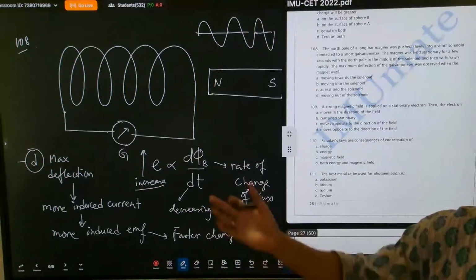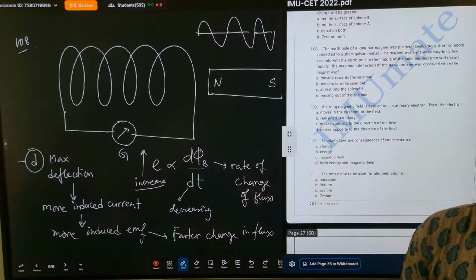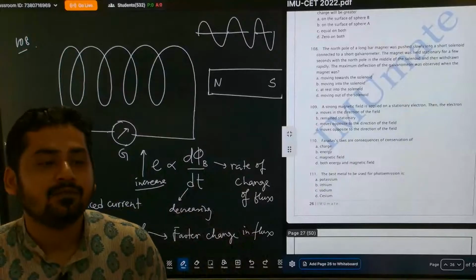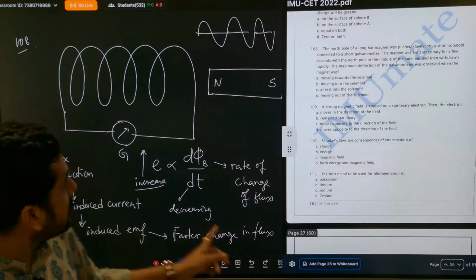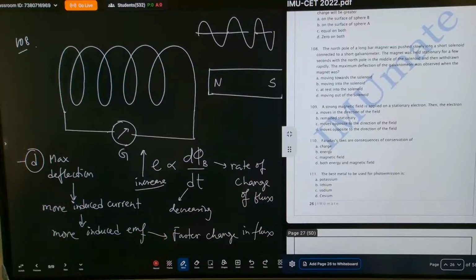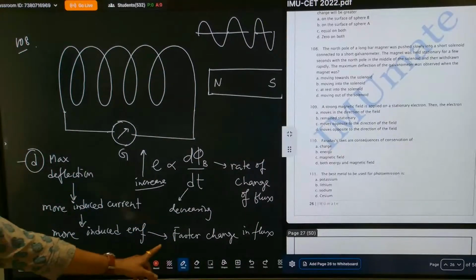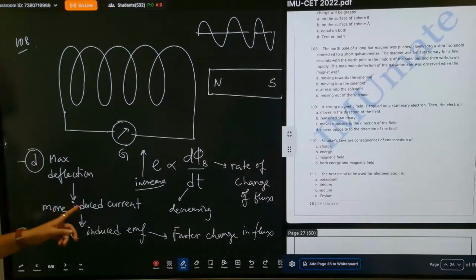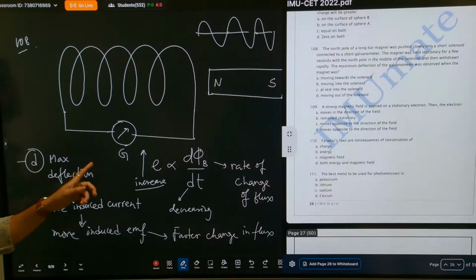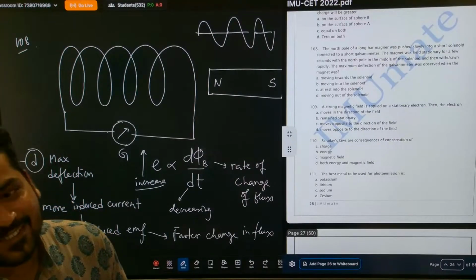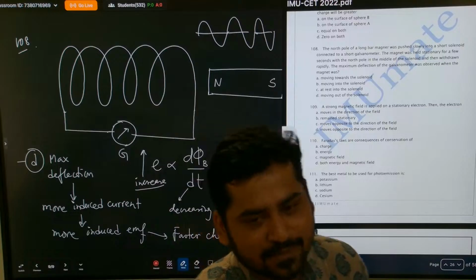If you had great waterfalls, the price of electricity would be lower, because rate of change of flux will be faster. So this is related with our daily life actually. If you rotate faster, more change in flux, which means more EMF, more current, more mobile charging, more short scrolling. So the very basis is science.